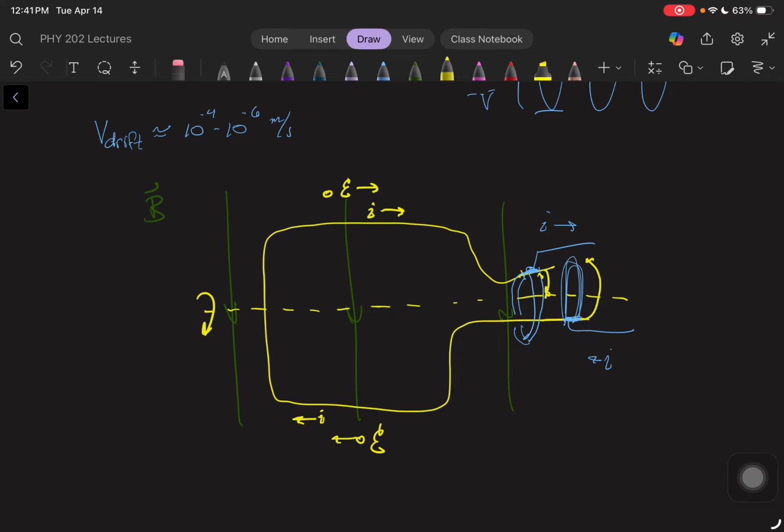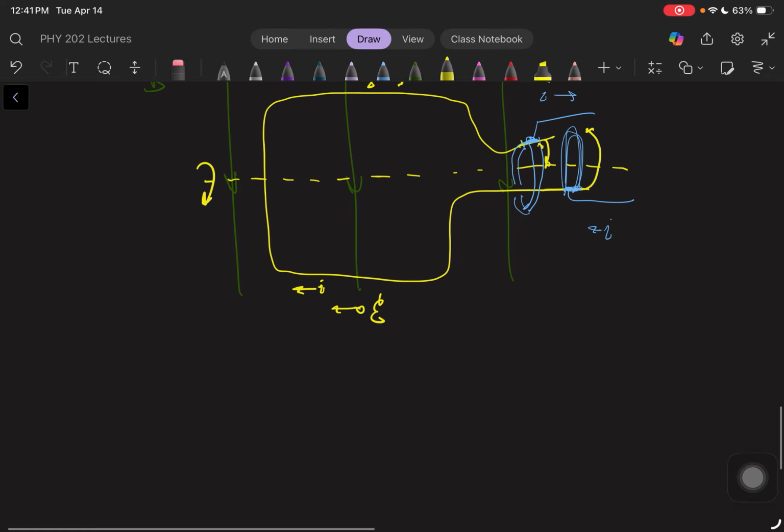If we wanted to take this and figure out what the EMF is going to do, well, we can have the EMF as a function of time equal to some amplitude times sine omega d t.